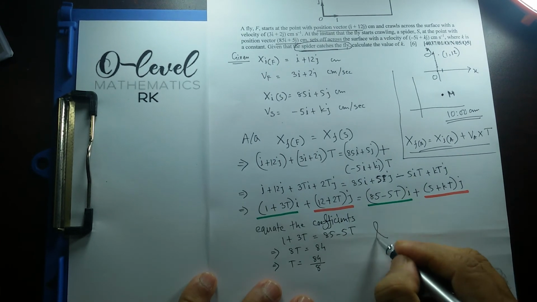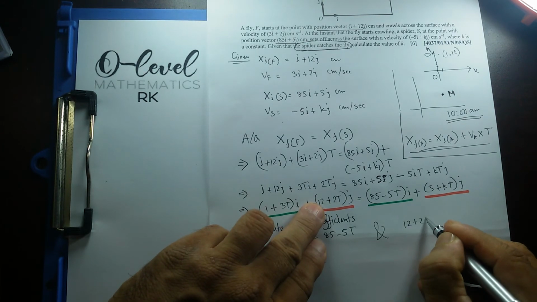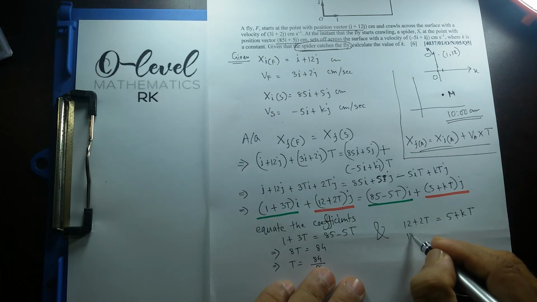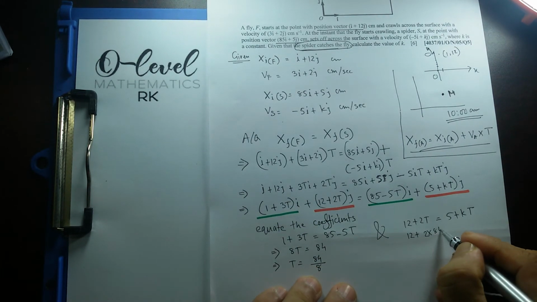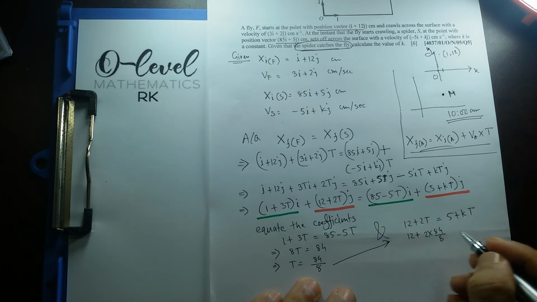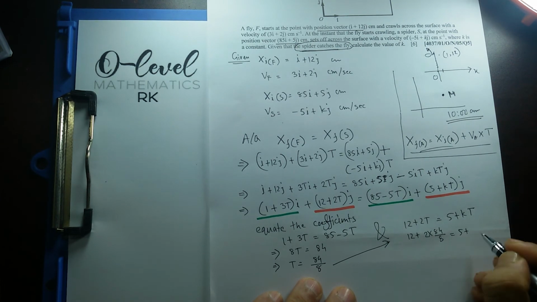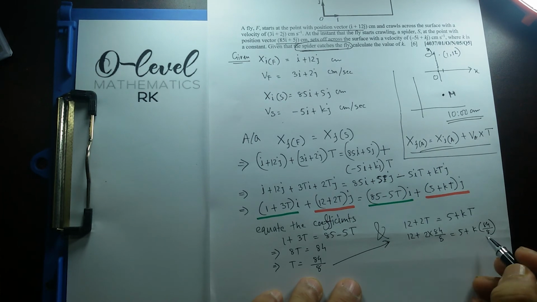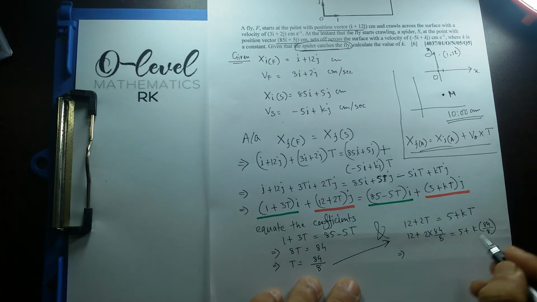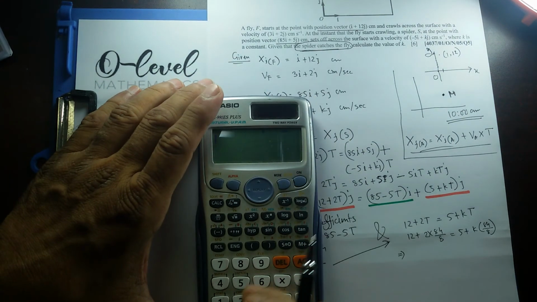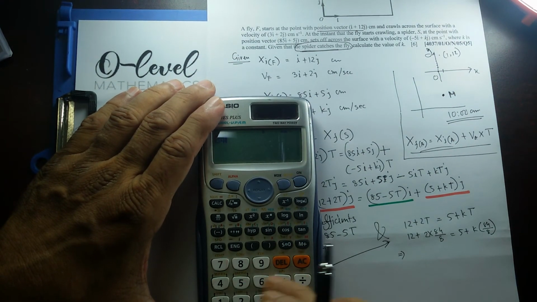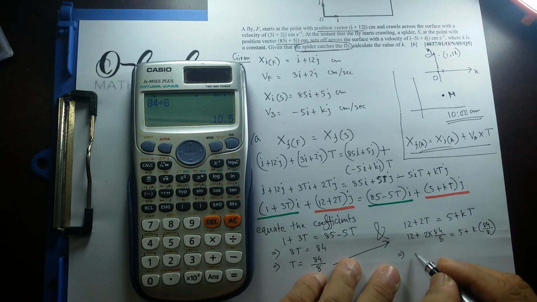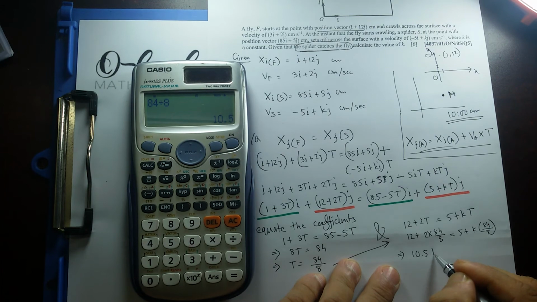And 12 plus 2t equals 5 plus kt. So 12 plus 2 times 84 by 8, replacing the value of t, equals 5 plus k times 84 by 8. 84 by 8 is 10.5. So this is my 10.5k.